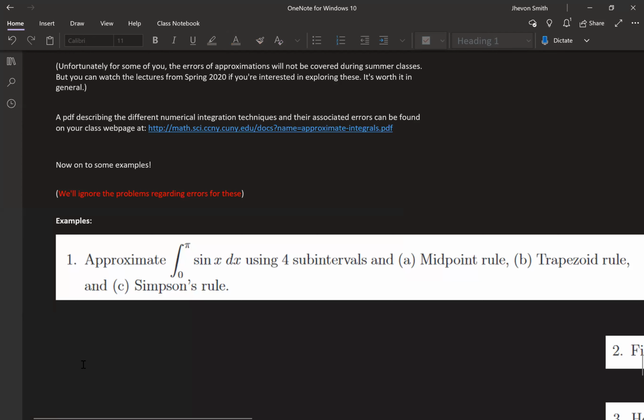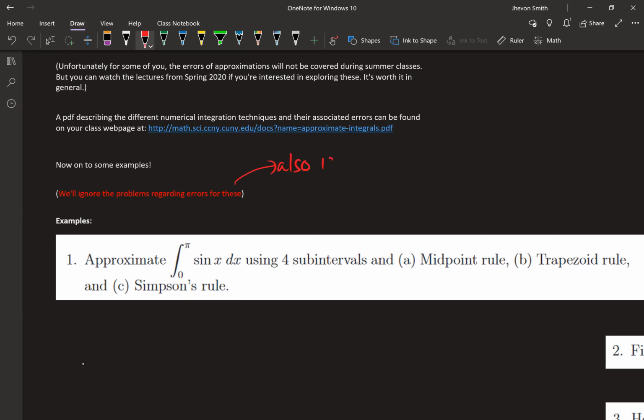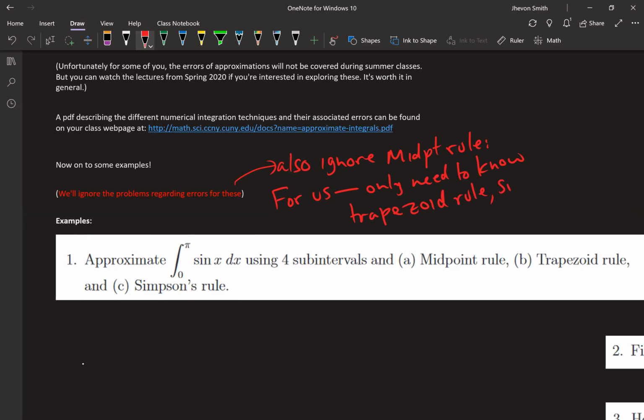And we'll also ignore, by the way, so for us, more specifically, we only need to know Trapezoid Rule and Simpsons Rule.